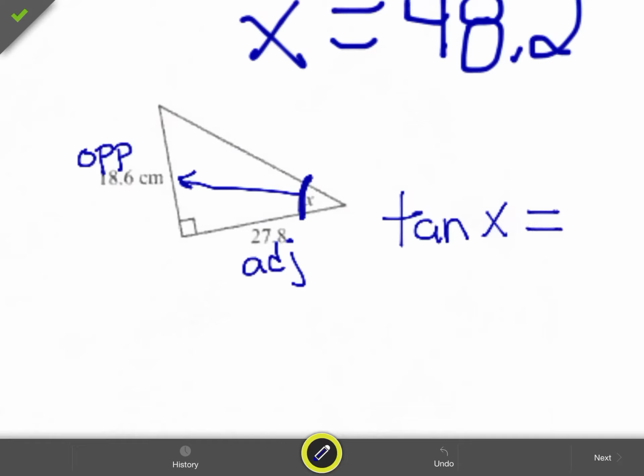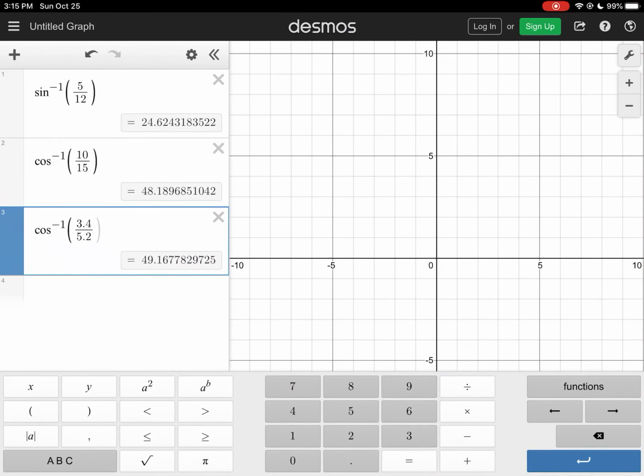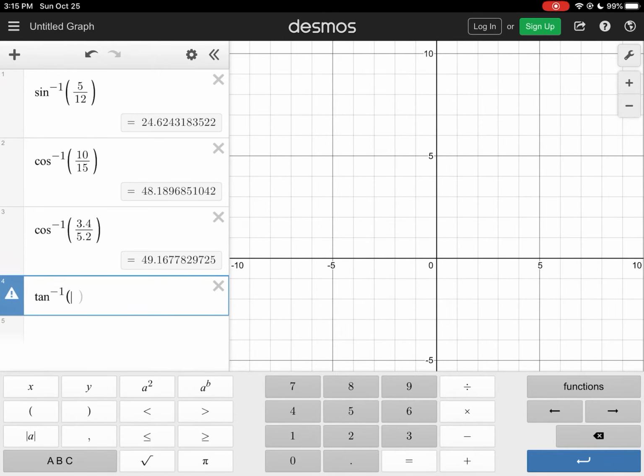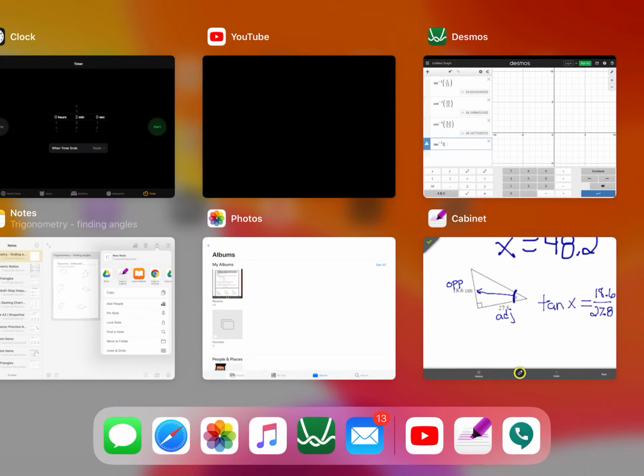So tangent of, what's my angle? X, because I don't know it, equals, don't forget your equals, because remember, we are writing equations. Opposite over adjacent. Now it's just a calculator problem. Come over here, hit functions. We want to use the inverse tangent, so tangent to the -1 technically.